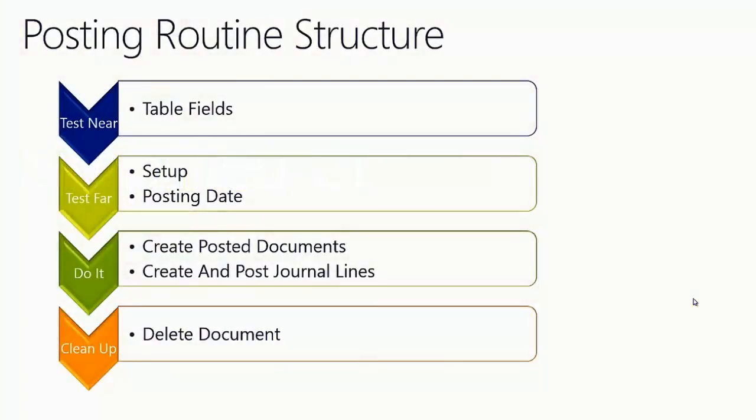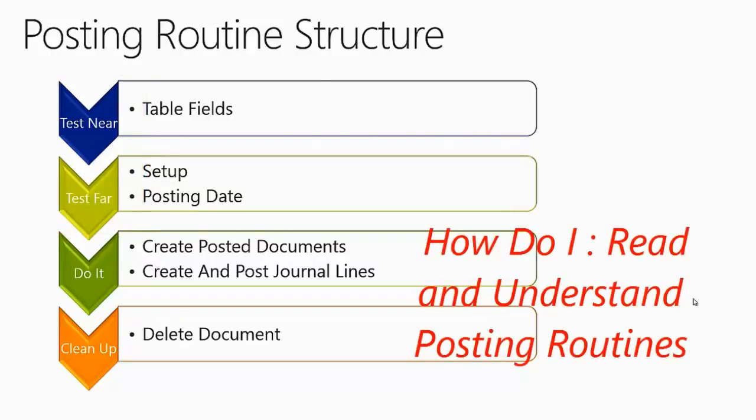Traditionally, we are used to throw runtime errors in Dynamics NAV whenever crucial data is missing that we need for processing. If we look at the posting structure, this process is located in the test near, test far part, as discussed in the video How Do I Read and Understand Posting Routines.